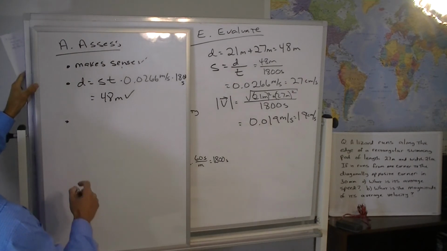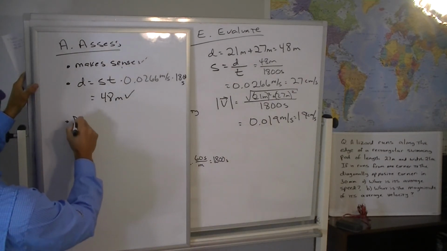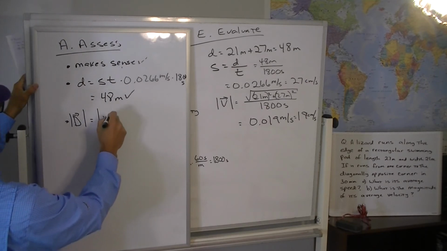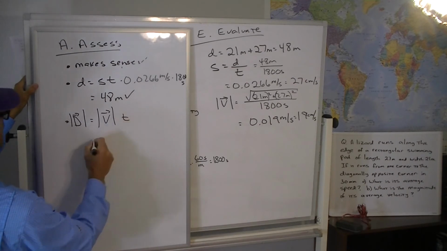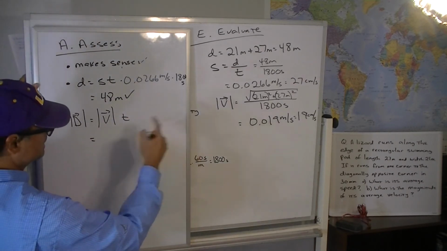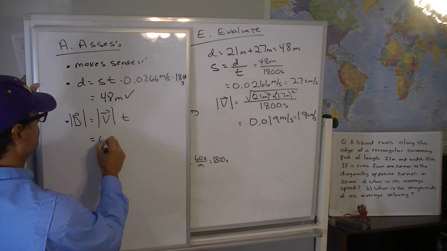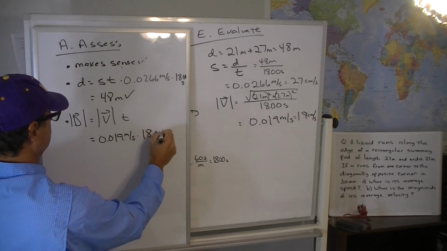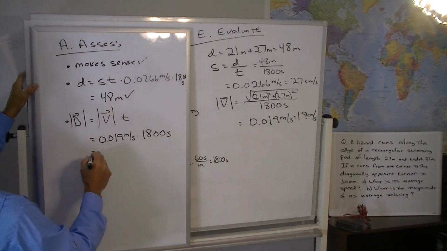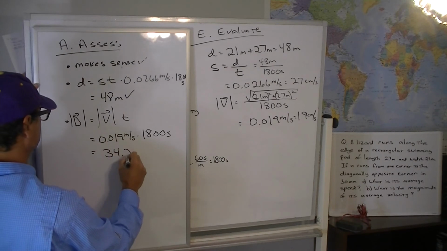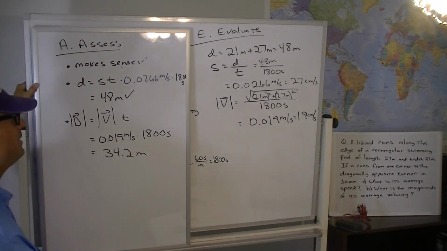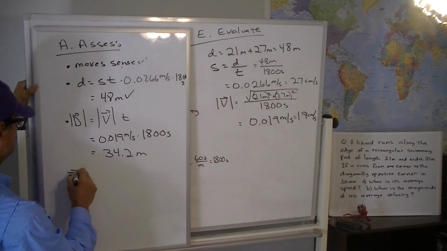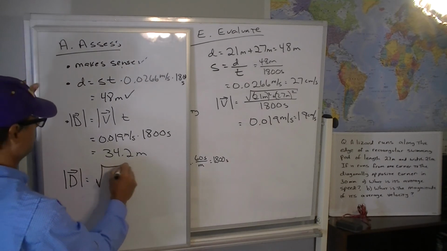And doing the same thing for velocity, the magnitude of the displacement vector should be equal to the magnitude of the velocity times the time. So punching in our numbers, 0.019 meters per second times the 1800 seconds, and so that gives us 34.2 meters, but we don't really have anything to compare that to because we skipped the step of computing the displacement as a separate step from the Pythagorean theorem.